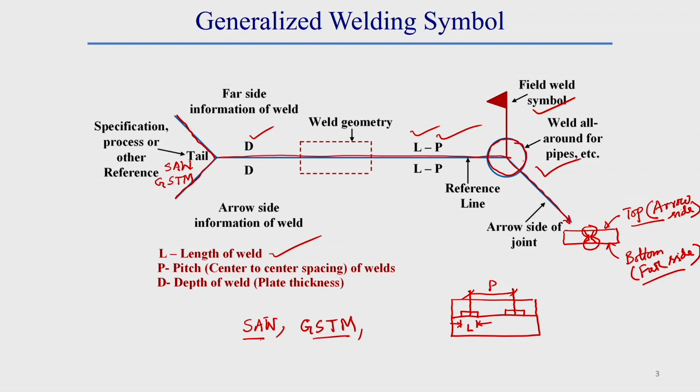Once there is no specification or any type of reference, then we need not apply this, that means we can eliminate this tail region. Now we will see the different welding geometry parts in this region. I will show you that in the next slide.